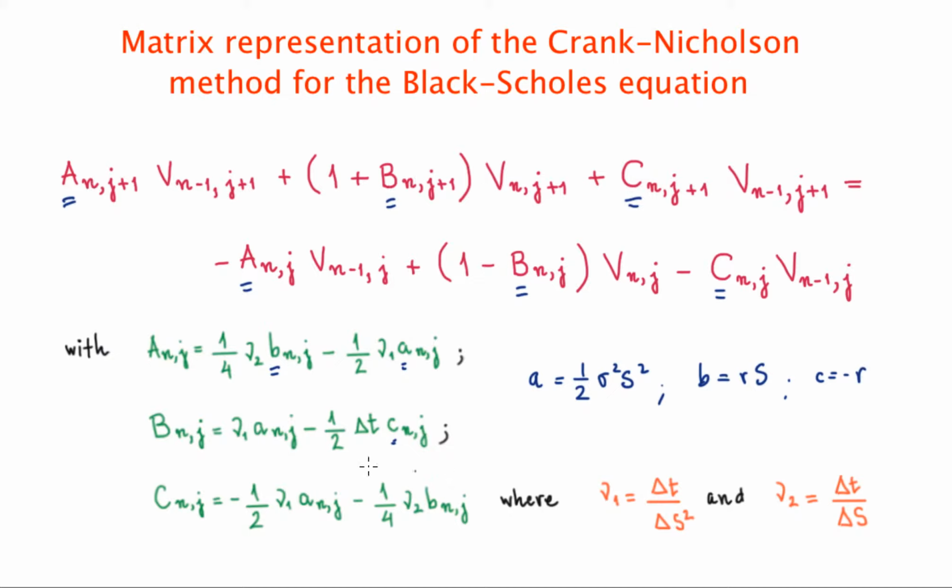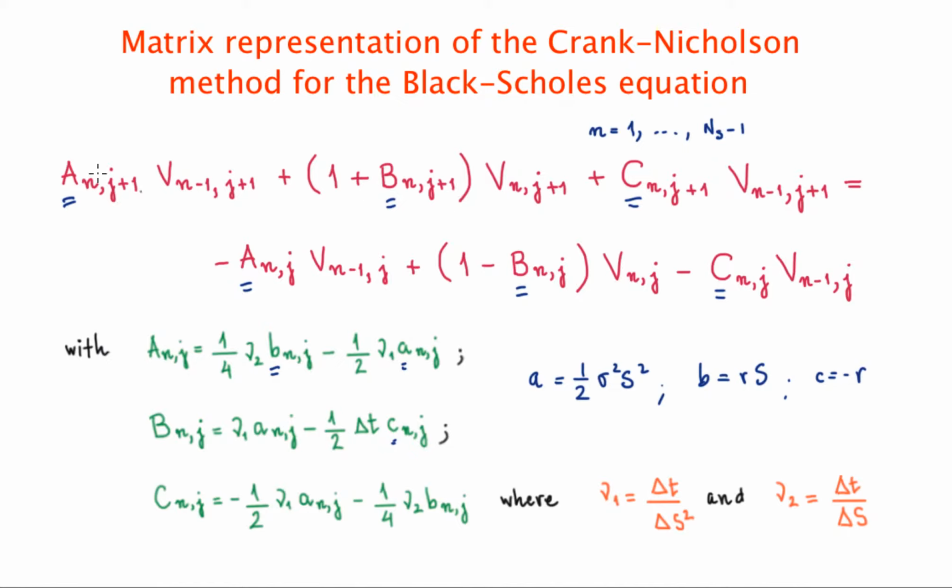So this was the finite difference representation, and remember that this n is going from 1 to Ns minus 1, and the two missing equations are taken from the boundary conditions.